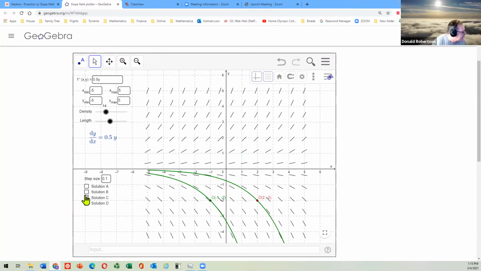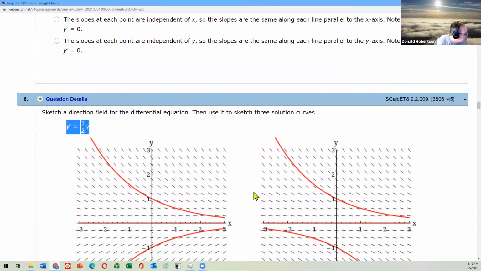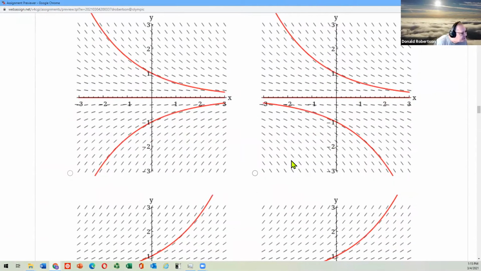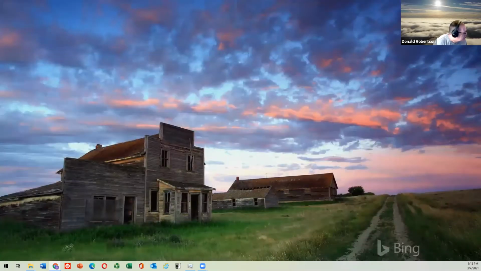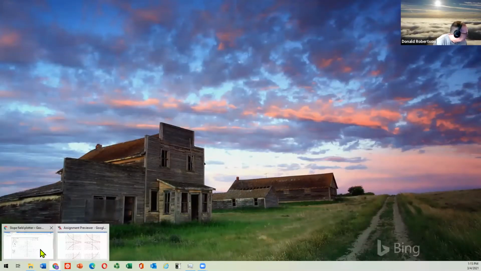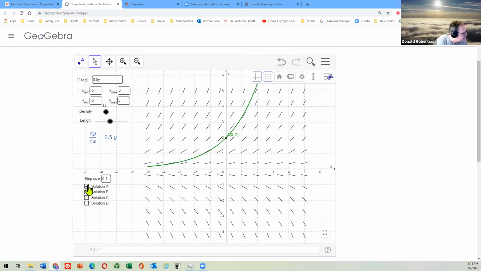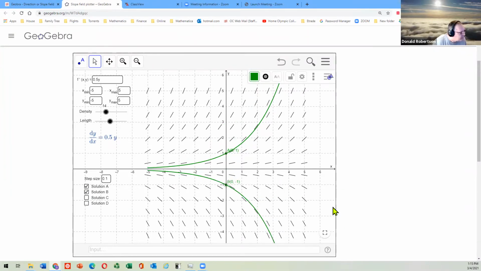I'll take these away and let's find out. Do they give us any specific points? Oh, they do. I want to go through 0, 1 and 0, negative 1. So first solution, pull it down to 0, 1. Second solution, 0, negative 1. Right, that's my answer.